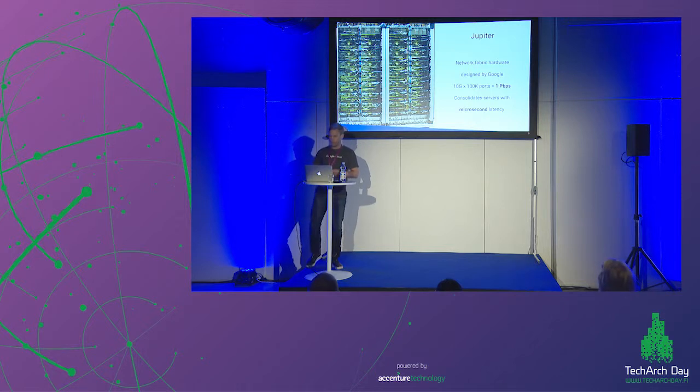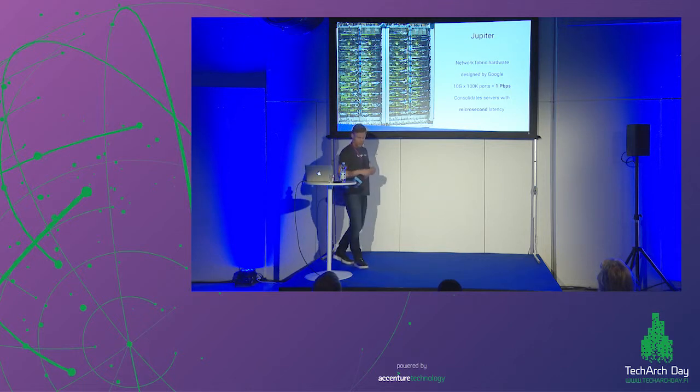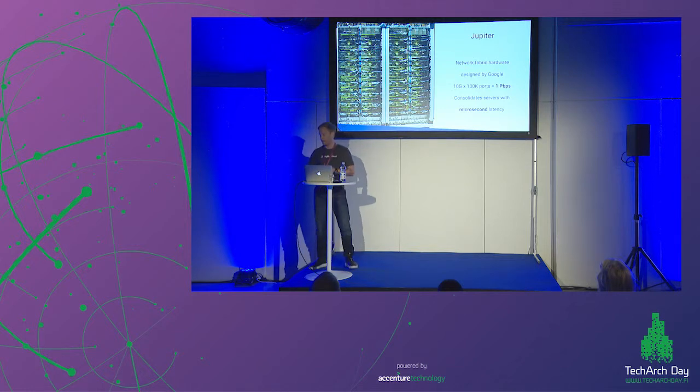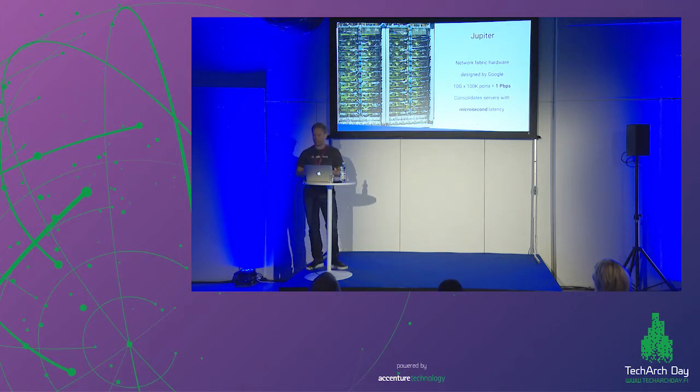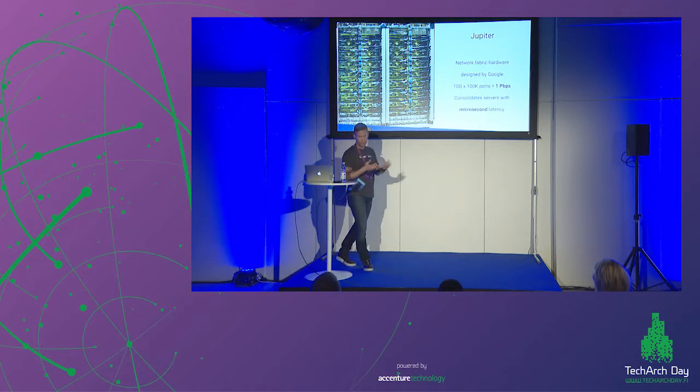So this is our network switches, this generation of Jupiter fabrics. They look like this, and they allow us a bidirectional petabit network. That means that we can have 100,000 servers that can exchange information at the rate of 10 gigabytes per second between each other.